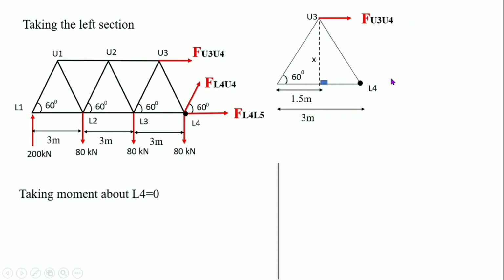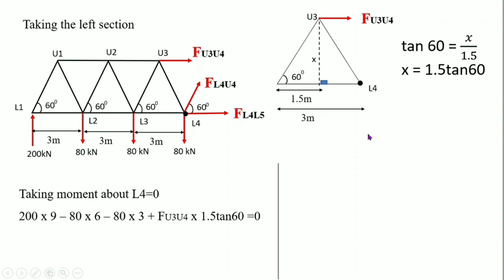We want to find out the value of x. x is equal to 1.5 tan 60 degree. 200 into 9 minus 80 into 6 minus 80 into 3 plus FU3U4 into 1.5 tan 60 is equal to 0, taking clockwise as positive and anti-clockwise as negative. FU3U4 is equal to minus 415.6 kilonewton. The minus sign indicates it's a compression member.